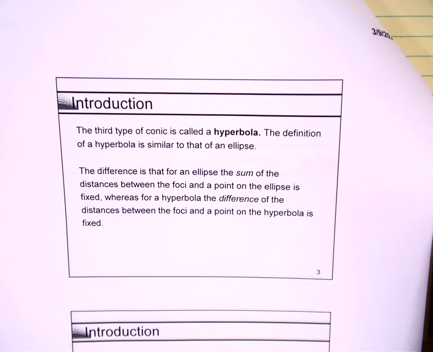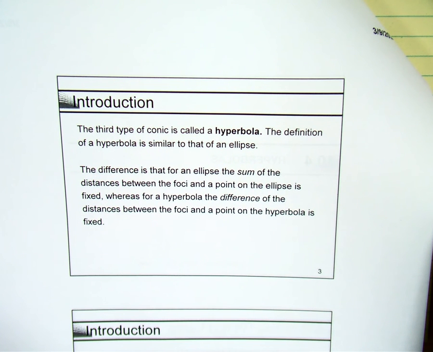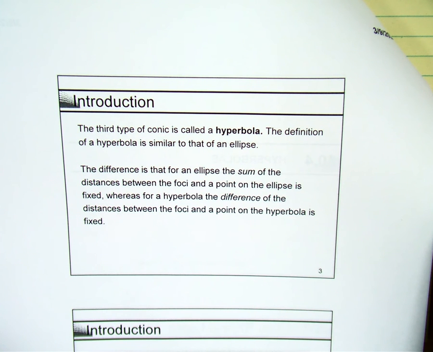Alright, our third type of conic is called a hyperbola. The definition of a hyperbola is similar to that of an ellipse. The difference is that for an ellipse, the sum of the distances between the foci and a point on the ellipse is fixed, whereas for a hyperbola, the difference of the distances between the foci and a point on the hyperbola is fixed.